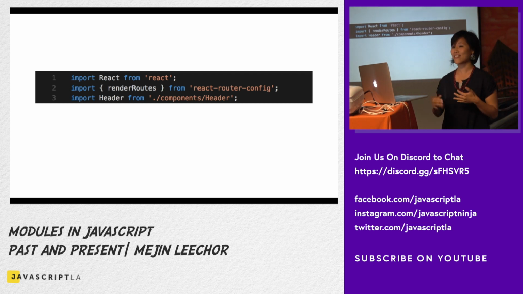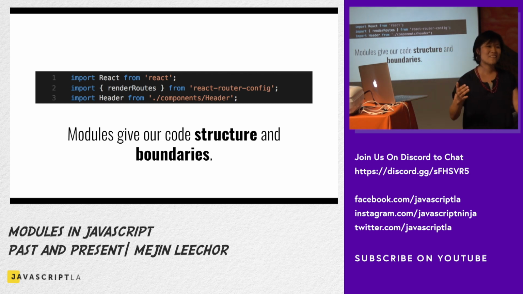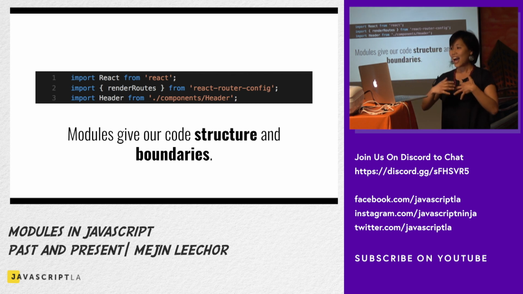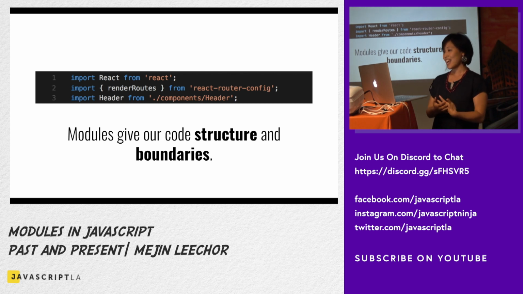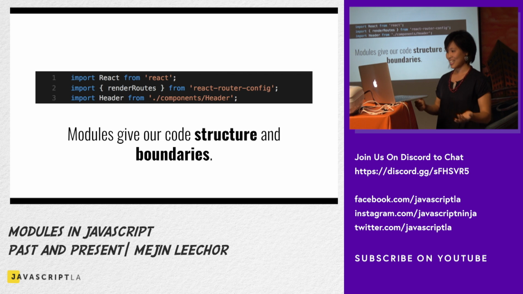They do this by giving our code structure and boundaries, so that we don't have to think about all of the moving parts. I don't have to have the React source code mingling with my component logic. I can take for granted that it's going to be available for me and do what I want it to do most of the time. So for now, it resides elsewhere, out of sight and out of mind.